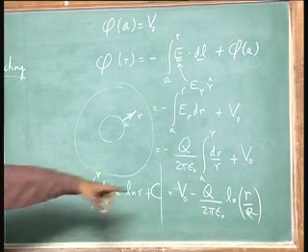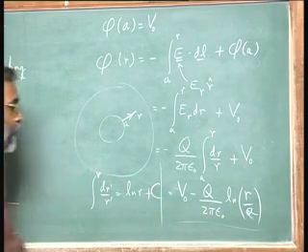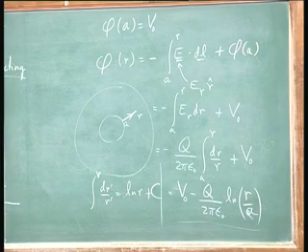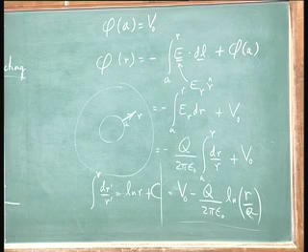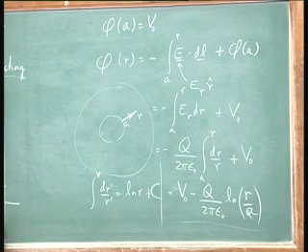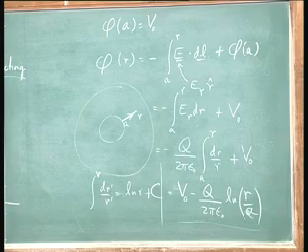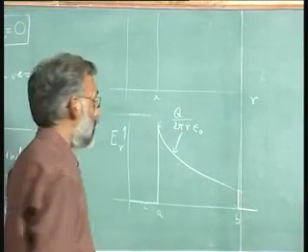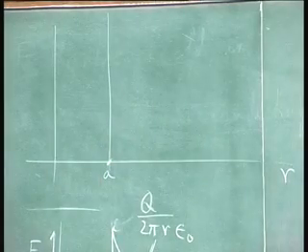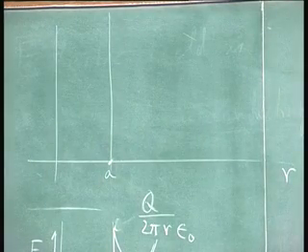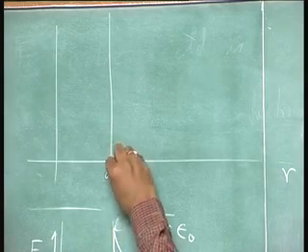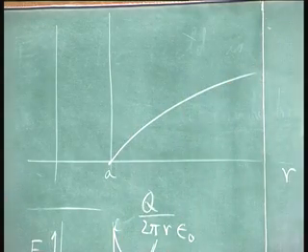So, you can plot this function on the same plot, and what you will get is a slightly different kind of function. Let me plot it on the same graph as the previous graph. This is A. If you plot the log function itself, log of r over A is 0 at r equals A, and it grows very gradually.